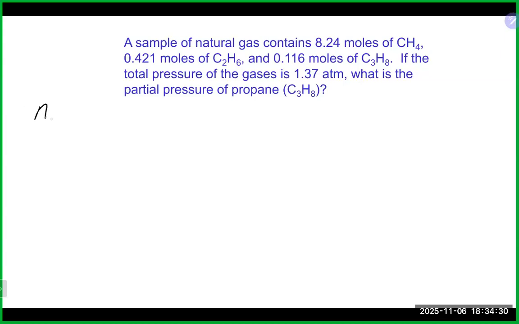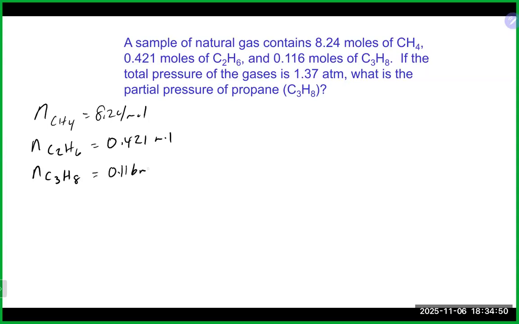So we got moles of methane here, which is 8.24. We got ourselves some moles of ethane, which is 0.421 moles, and some moles of propane here, 0.116 moles in this case. And we have the total pressure given to us, which is 1.37 atmospheres.